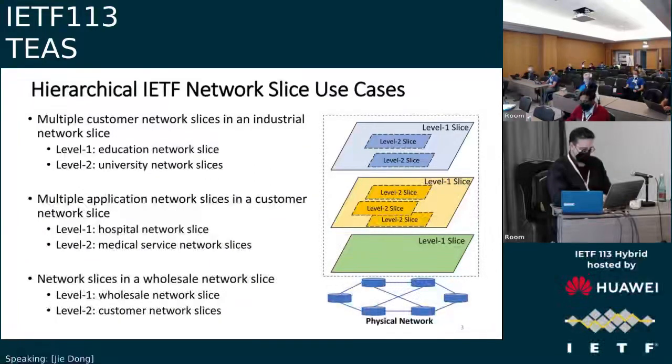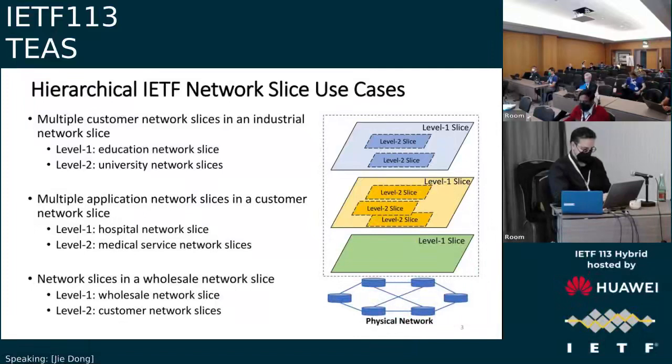Okay, here we show some typical use cases of the hierarchical IETF network slice. The first one is that multiple customer level network slices can be created in an industrial network slice. As shown, the first level can be an education network slice, and at the second level there can be multiple network slices for different universities. In the second case, there can be multiple application network slices in a customer network slice.